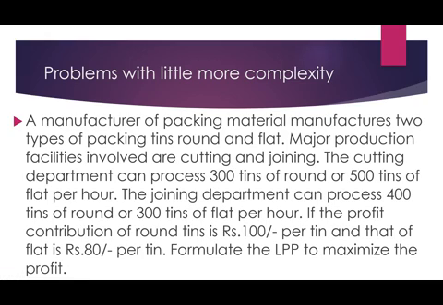Because the total duration is not given, we are assuming the total duration to be 1 hour. Therefore, individually in the constraints, it will become 1 by 300, 1 by 500, 1 by 400, and 1 by 300. Is the concept clear?